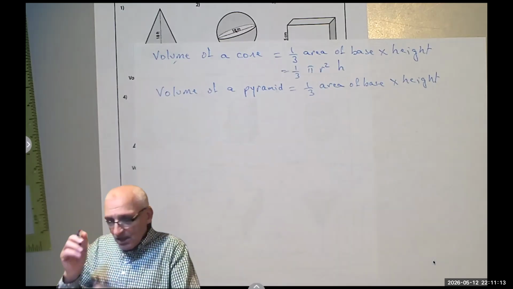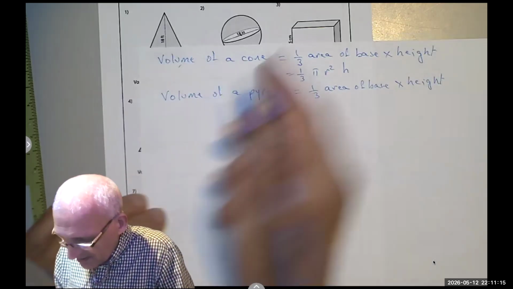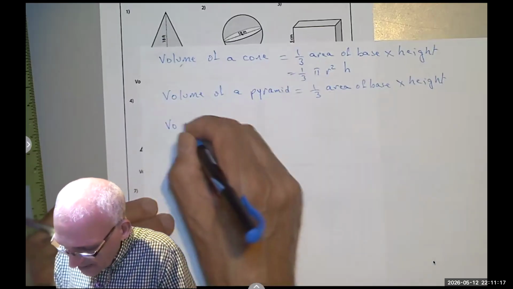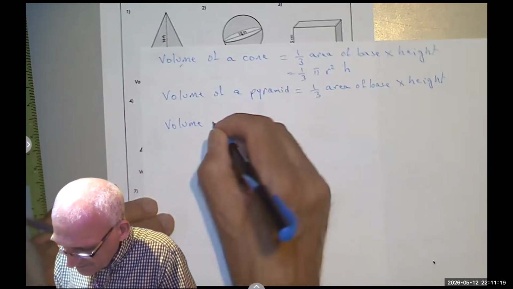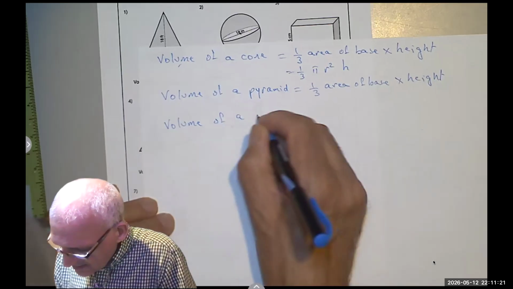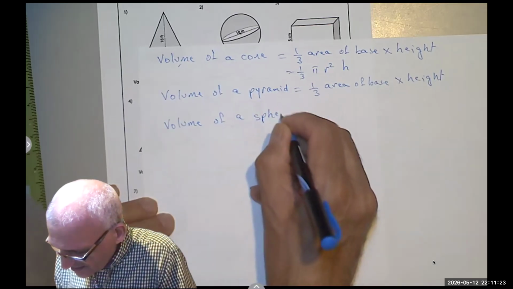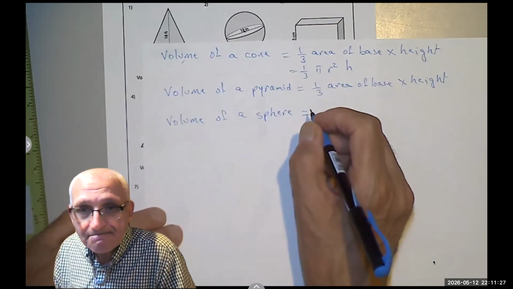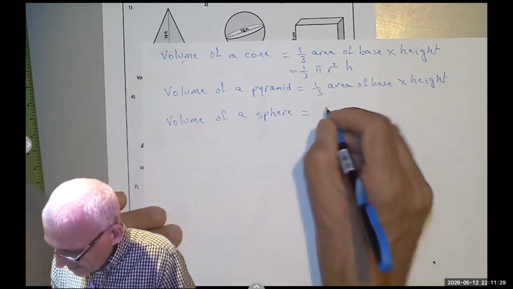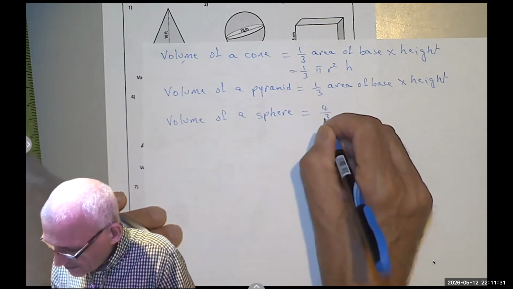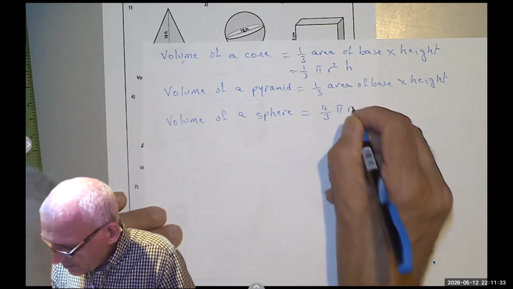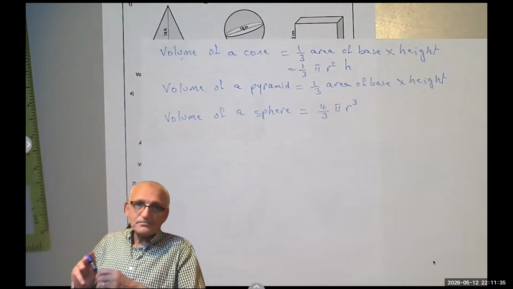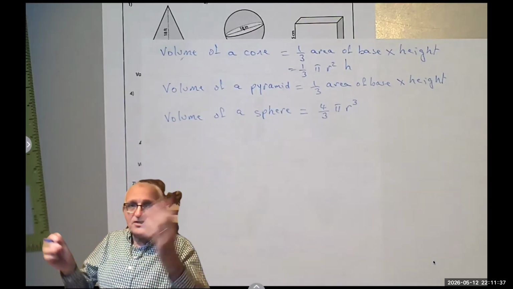Finally, the only thing we haven't covered yet would be the volume of a sphere. Remember, we said the surface area of a sphere is 4 pi r squared. Now, the volume of a sphere is 4/3 pi r cubed. And that's really all.